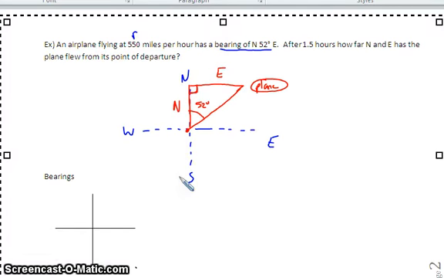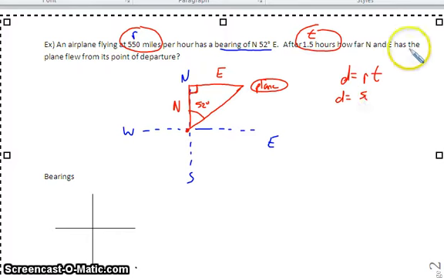So I need to go over and look at the fact that I had 550 miles per hour, and I have a time of 1.5 hours. So if I use the distance formula, my distance would be equal to the rate, 550 miles per hour, times 1.5 hours, which is good because I'm using the same unit of time here, so they'll cancel out.